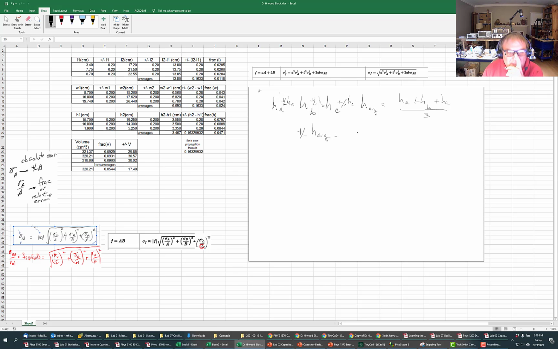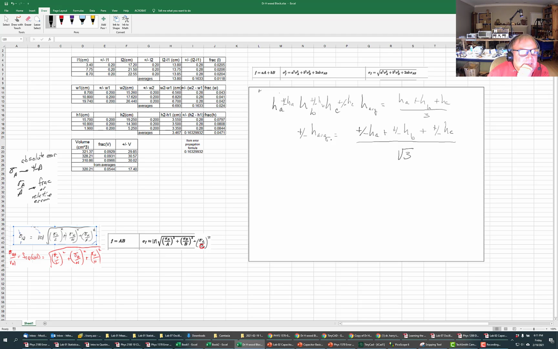And I said, you take the average of those 3 plus minuses, so that is plus minus HA plus minus HB plus minus HC, and then you divide it by the square root of 3, because it's 3 measurements.